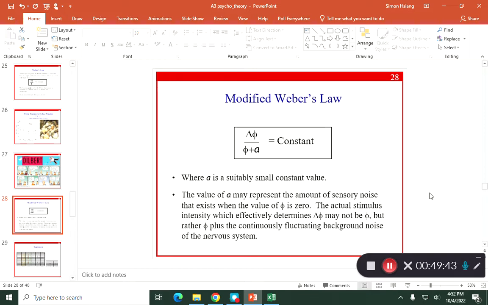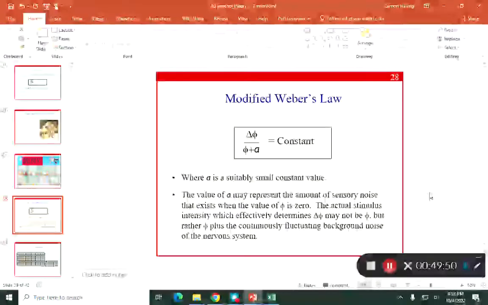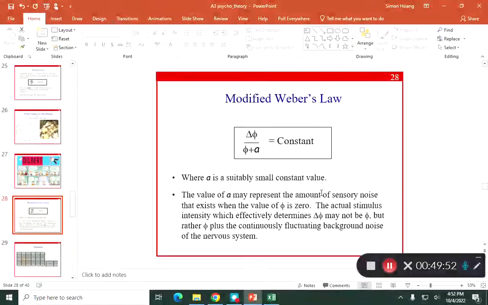And he considers this small value to represent the amount of sensory noise that exists when the value of the physical stimulus phi is very, very small, close to zero. The actual stimulus that can effectively be determined, the delta phi, may not be phi, but rather phi plus the continuous fluctuating noise, because that noise is always there.